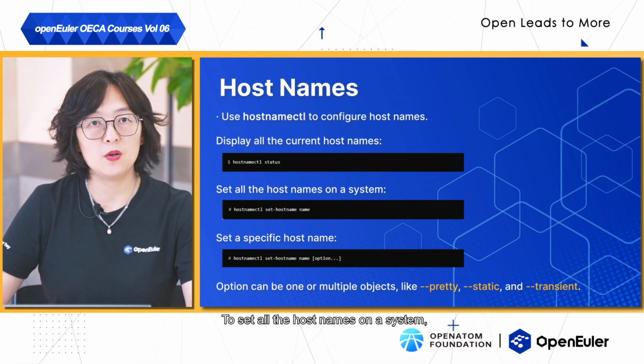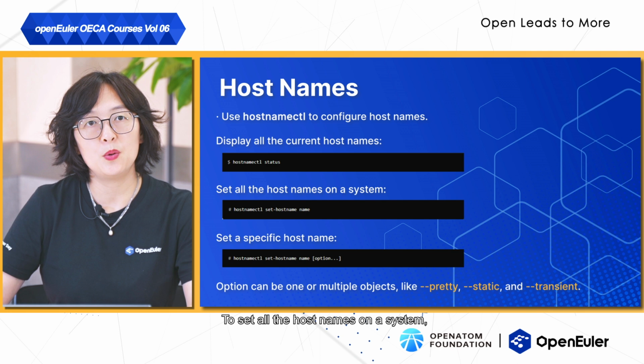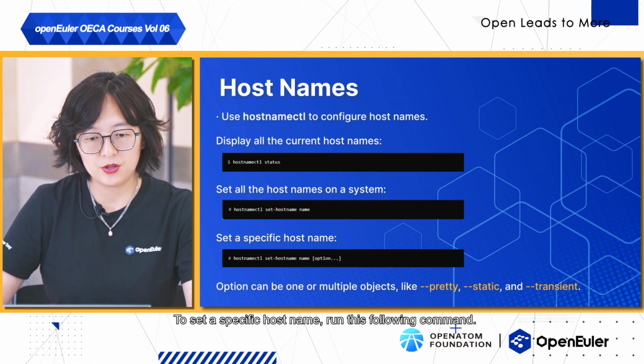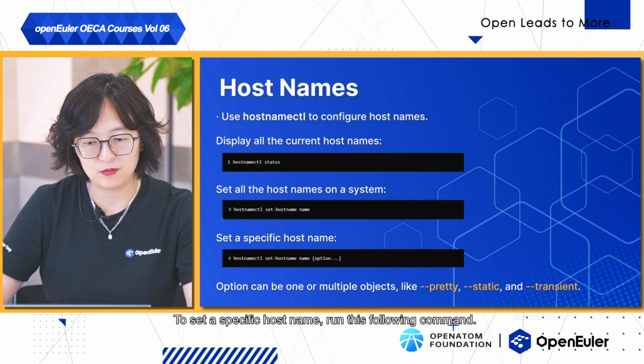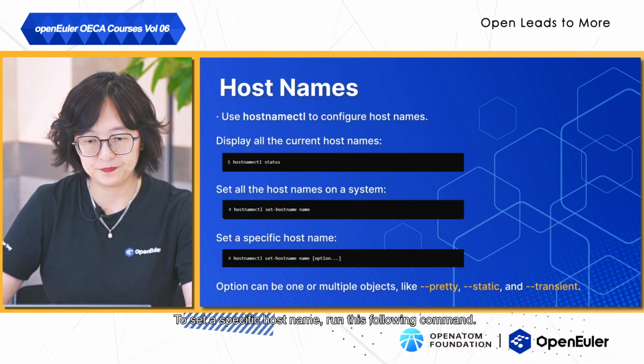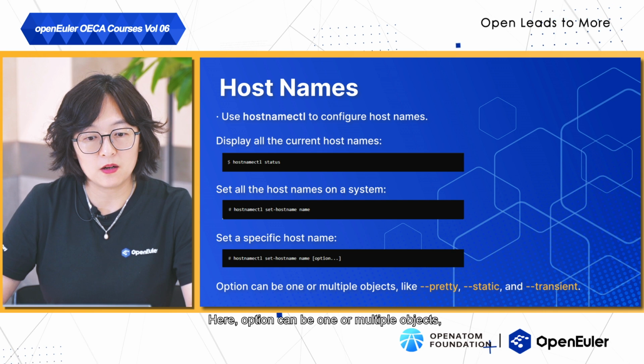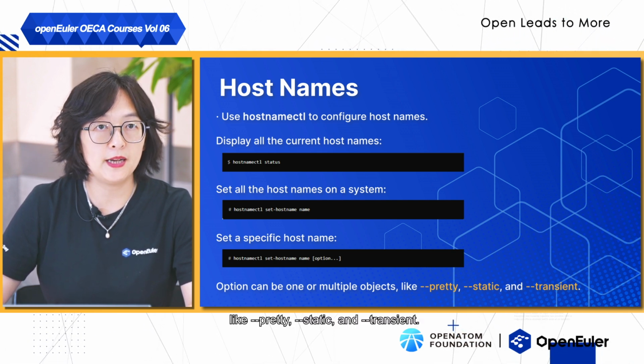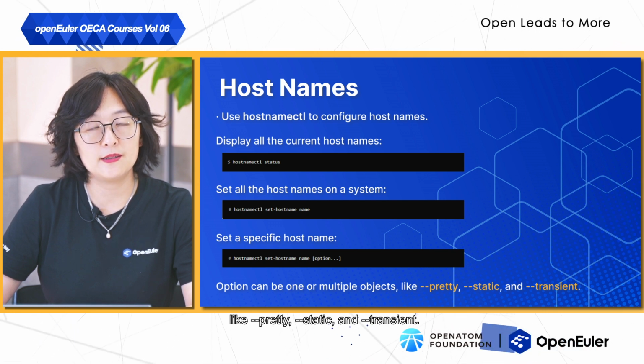To set all the host names on the system, run this command as the root user. To set a specific host name, run the following command. Here, option can be one or multiple objects like pretty, static, and transient.